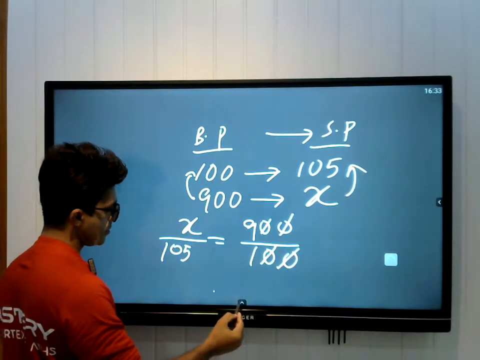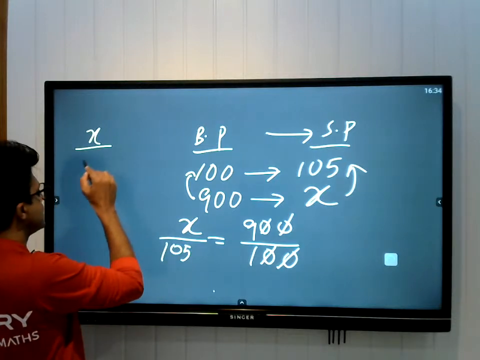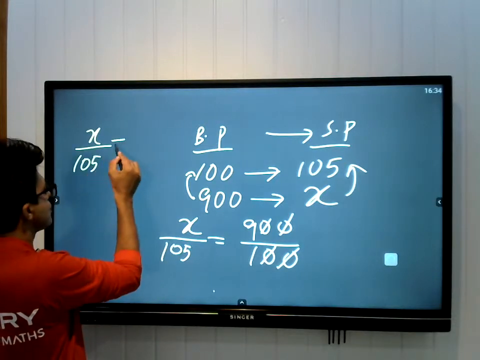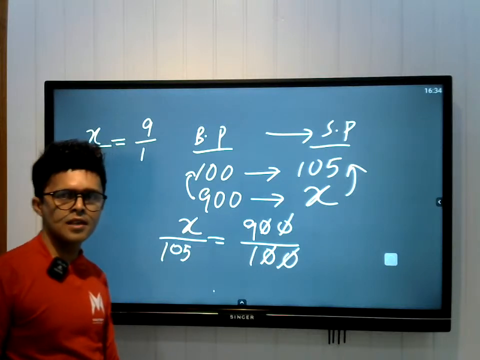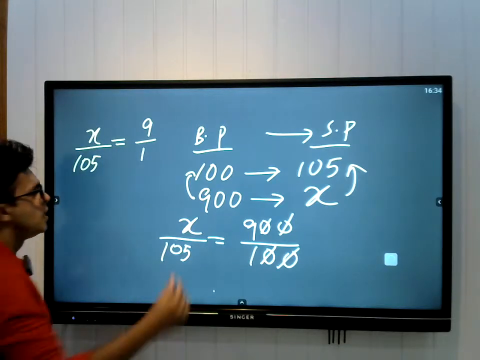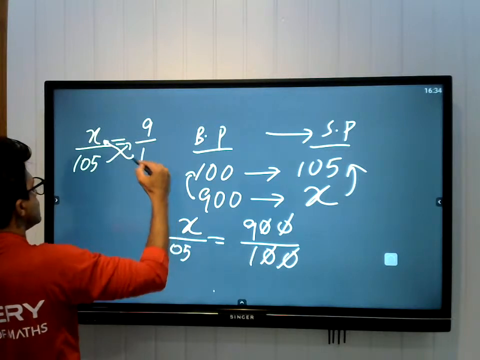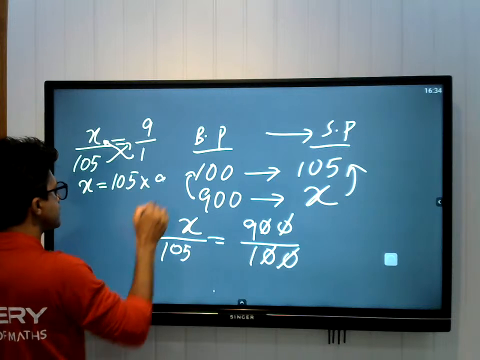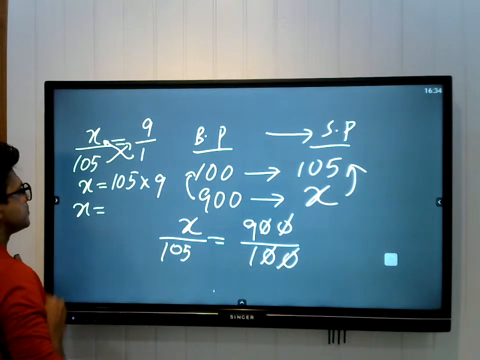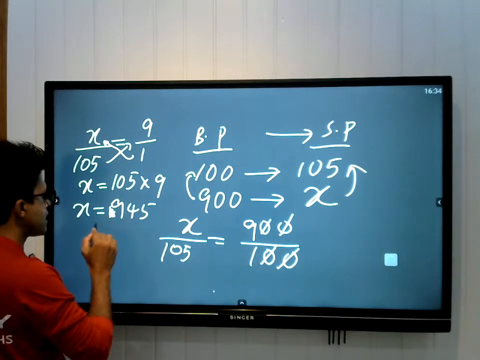Then after that, I will write this fraction here, X over 105 equals 9 over 1. How can we simplify this fraction right now? We could cross multiply. X into 1 is X, 105 into 9. Now the answer is 945. We have taken the previous answer.